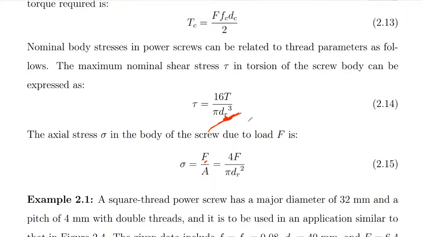Okay, and we know that A, which is area, is equal to pi d squared over 4. So when you put that into this place, we are going to have 4F over pi d squared. So the d here is the root diameter, so dr squared.